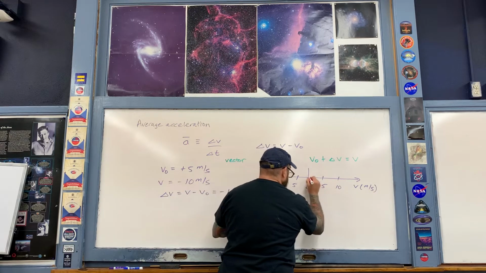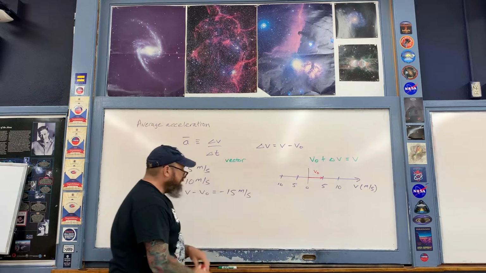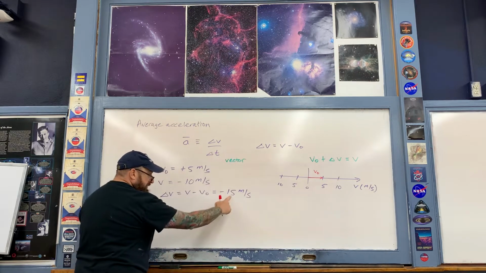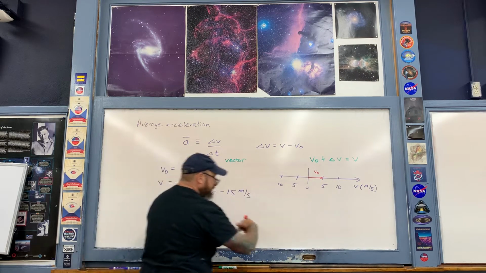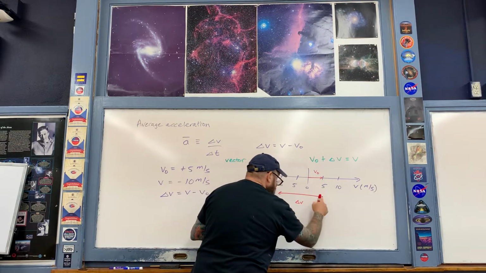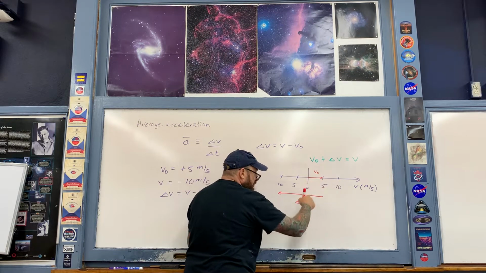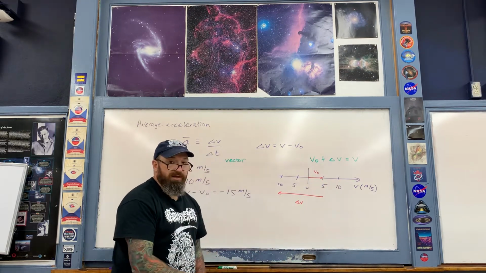That looks like this. And then we add to that delta V, the change in velocity. That's this negative 15 meters per second, like so. So notice I'm taking the tail here of delta V and placing it at the tip of V naught. And I'm, of course, drawing it below the number line such that we can see it.